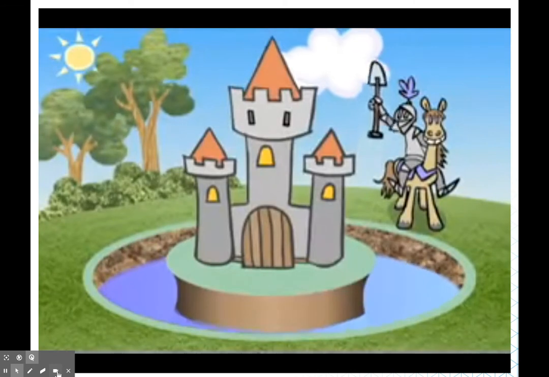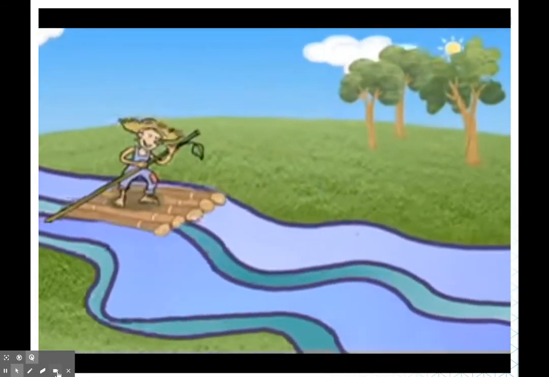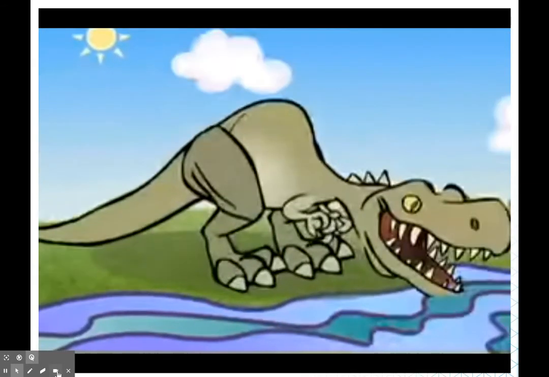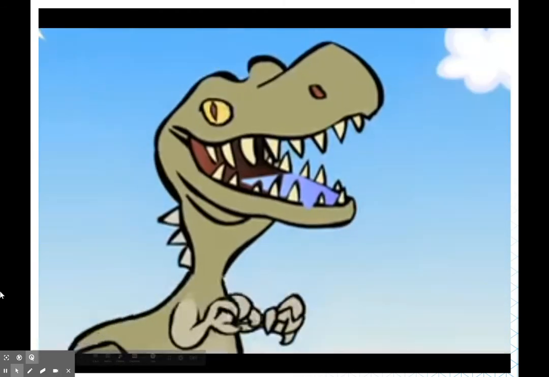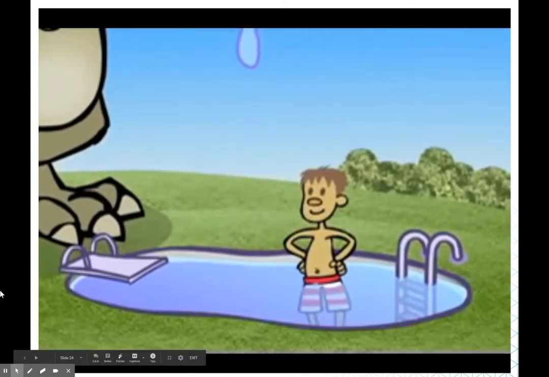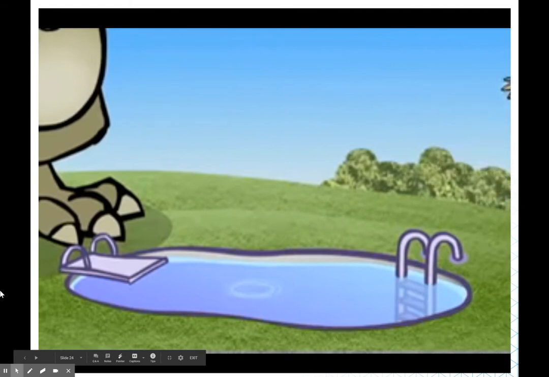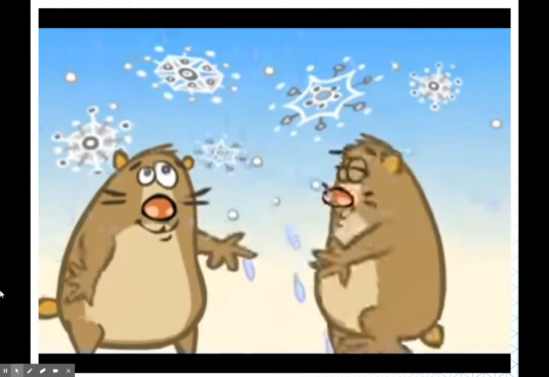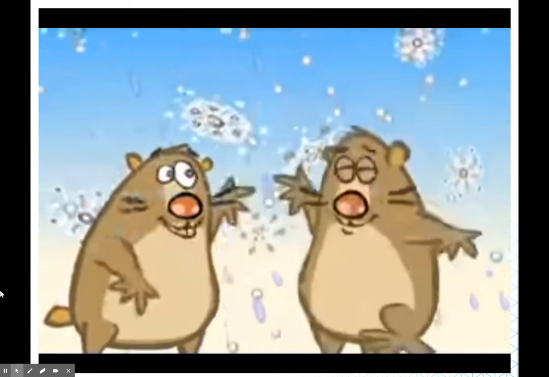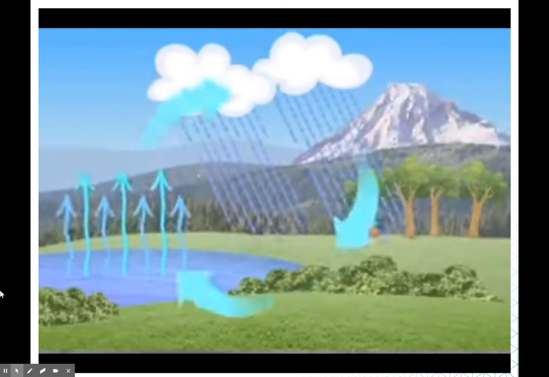I'm used over and over again. I surrounded the castle with a watery moat, and I float along on a hookfin's boat. I once dripped down as dinosaur drool, and now I'm the cool that fills your swimming pool. Feel the drops of snow and rain, an age-old cycle again and again.